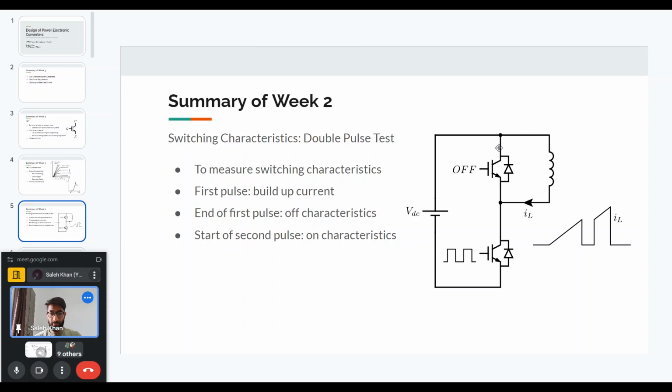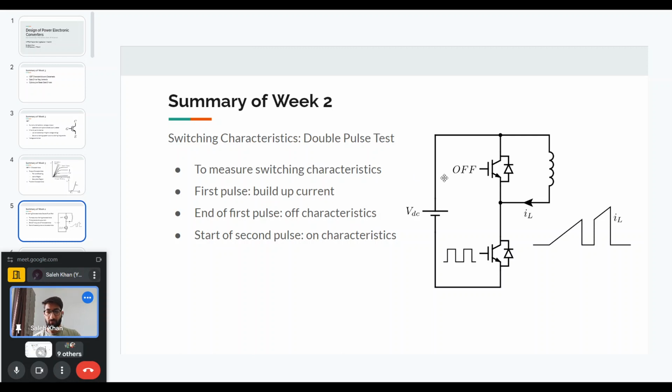They are connected in a half bridge configuration, and across this half bridge we have a DC voltage. This is the DC voltage at which we want to obtain the data for this device. For example, if it is a 1200 volt device, we want to get the switching characteristics at, let's say, 800 volts. So VDC would be 800 volts.